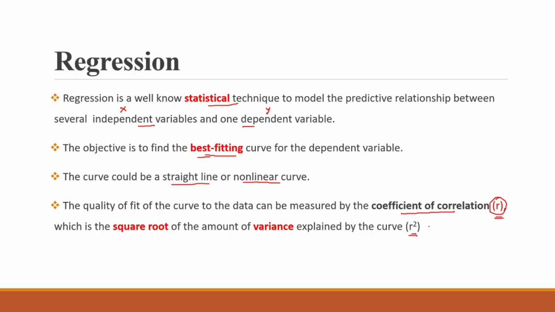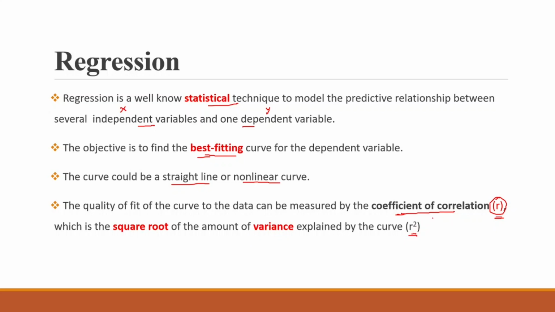R square is normally represented as a percentage. So if I get 80 or 85%, then I have a very good model which is 85% efficient. So the coefficient of correlation, R, determines how closely the dependent and independent variables are related, and R square, the amount of variance explained by the curve, determines the efficiency of the model.